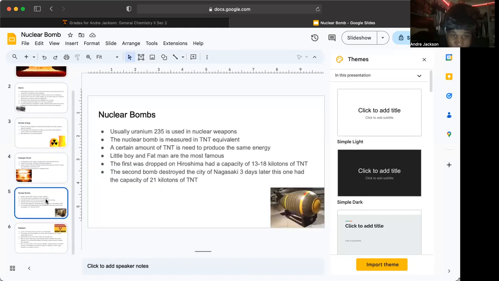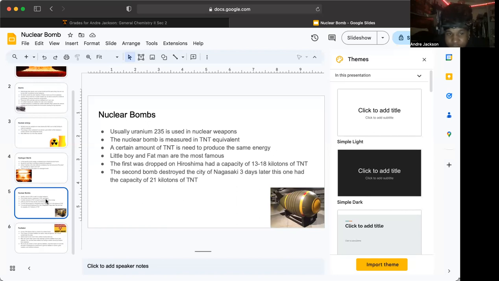So for nuclear bombs, usually uranium 235 is used in nuclear weapons. The nuclear bomb is measured in TNT equivalent. A certain amount of TNT is needed to produce the same energy. The most famous nuclear bombs are obviously Little Boy and Fat Man.